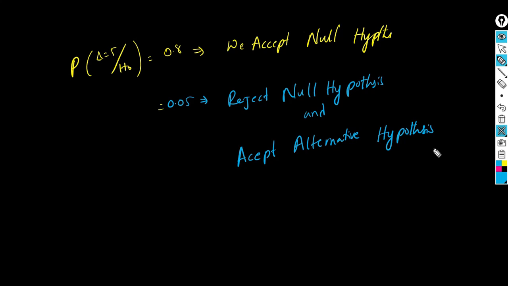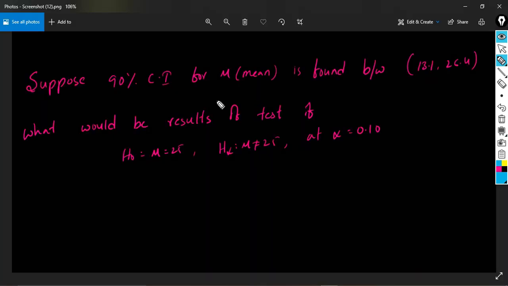Okay. Now we will connect the confidence interval and the hypothesis testing to get some more clarity. We will make one more problem about that. This is the problem statement related to the confidence interval and null hypothesis.